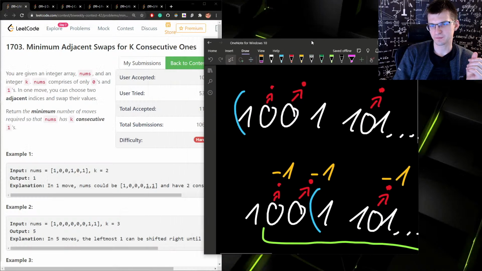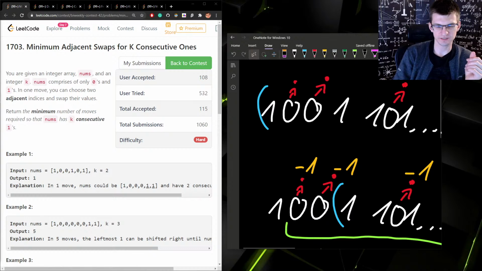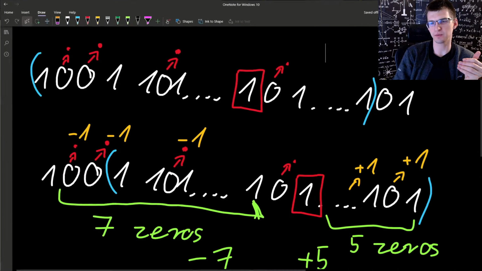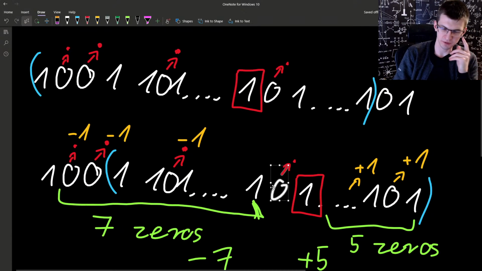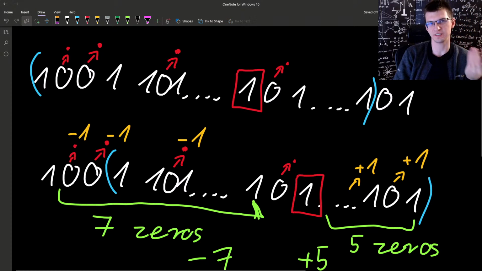I mean, I described something that is... I skipped the thing about what happens with this zero that is between the old meeting position and the new meeting position. I also don't talk about what happens if the number of ones is even, then the median is more of an interval of possible ones.